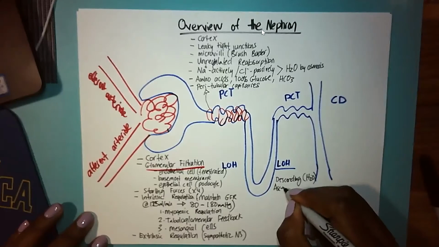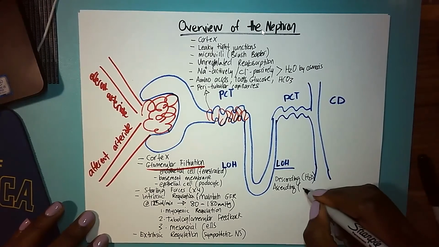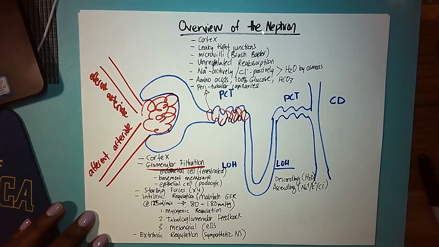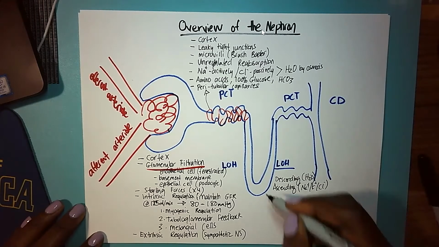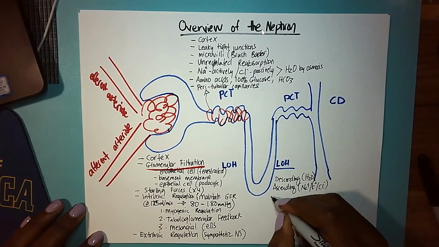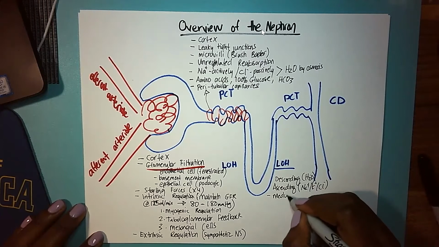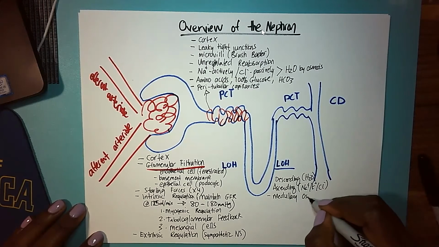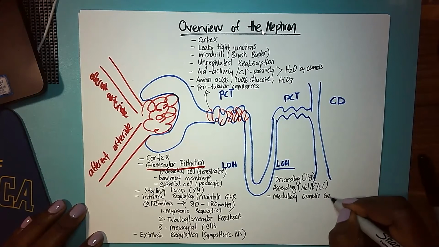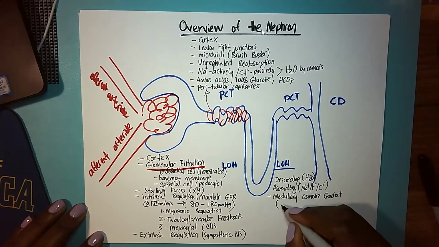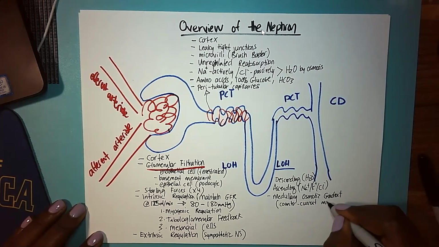The ascending limb is permeable to sodium, potassium, and chloride. So our solutes. And this is what establishes the medullary osmotic gradient. Okay. And so the medullary osmotic gradient we talked about, which is established by the countercurrent multiplier.